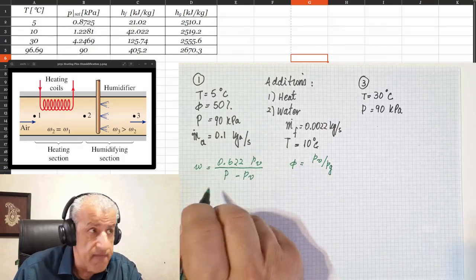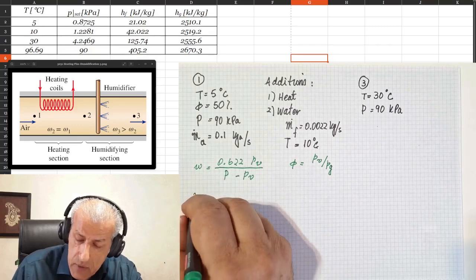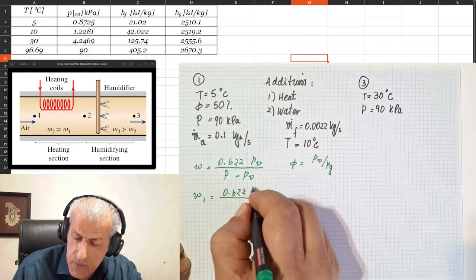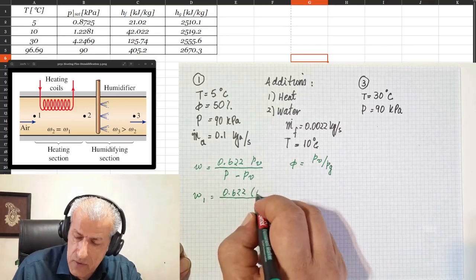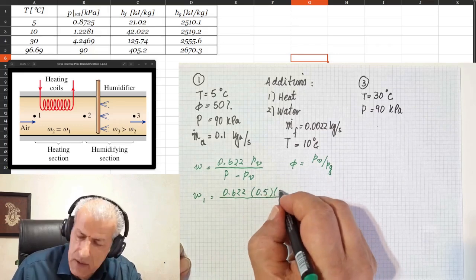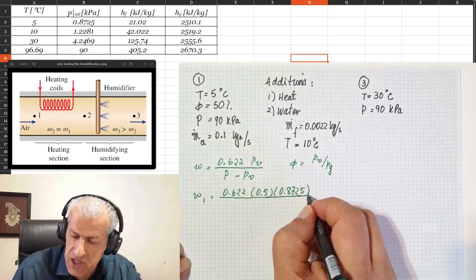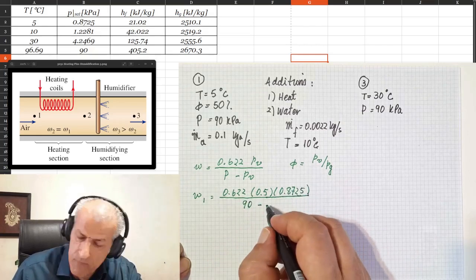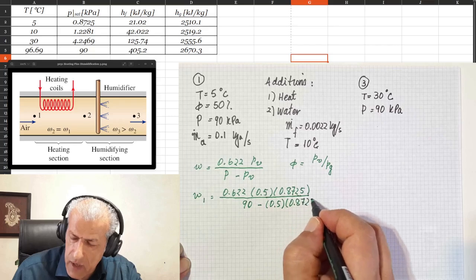Now let's insert values: W at point 1 would be 0.622 times 0.5 times PG, which is 0.8725, the value of PG at 5 degrees C, divided by 90 minus, once again, 0.5 times 0.8725.